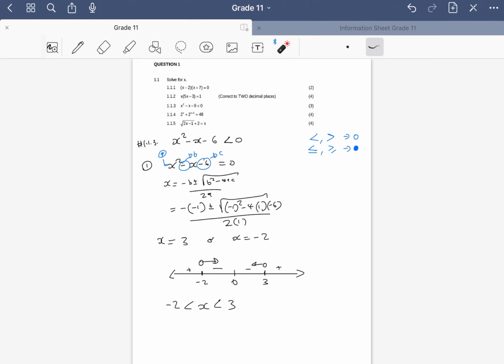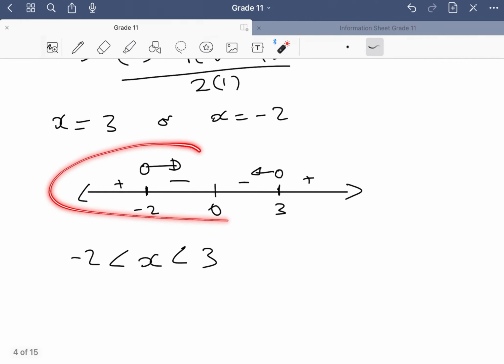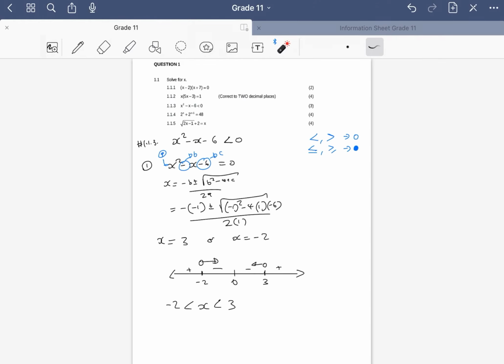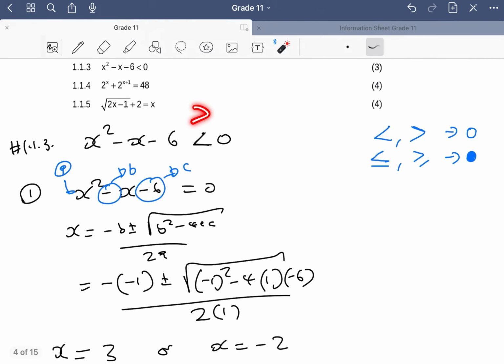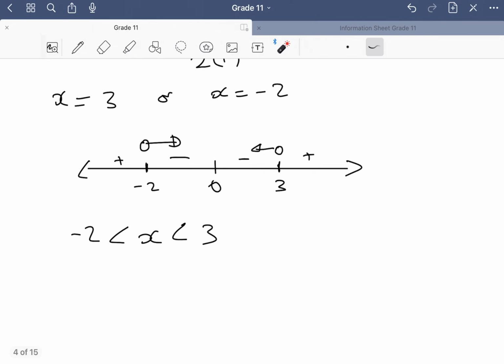You can check this yourself, but we did check it when we were doing a number line to actually identify that number. So any number that's between -2 and 3, if you substitute in this equation, you get 0. Now let's say this was greater than 0, right? So meaning this was going to point this direction and this dot is going to point this direction, right?